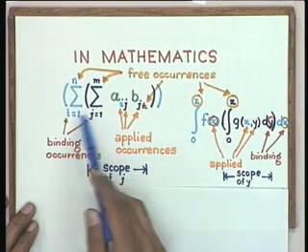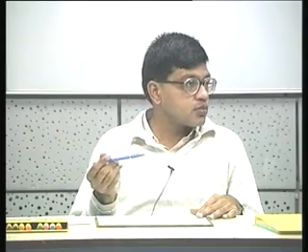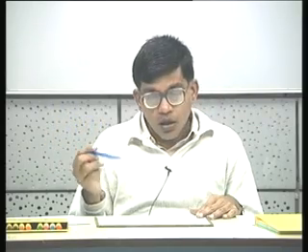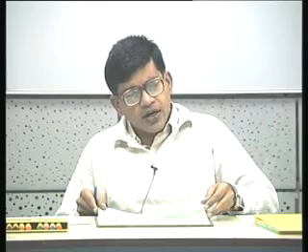What is the definition of this sigma? It might differ. I have just assumed that it refers to summation, but that is not necessarily always valid. A binding occurrence usually means a declaration. In programming, it means a declaration. Binding occurrences and applied occurrences occur everywhere, in fact.